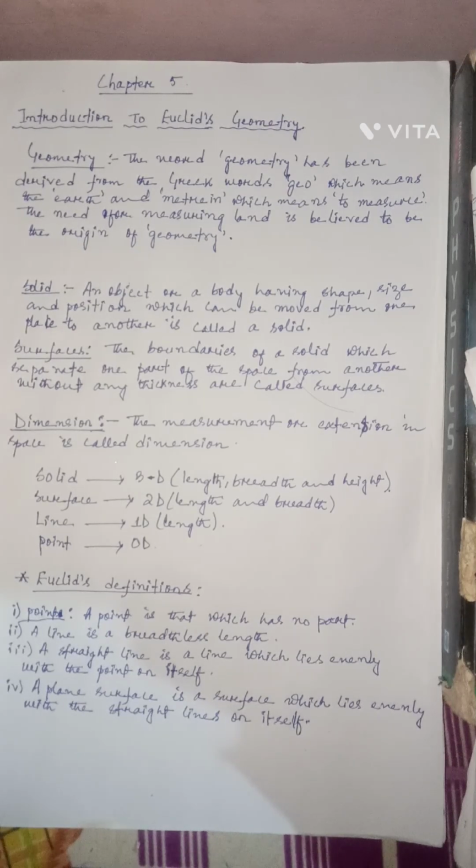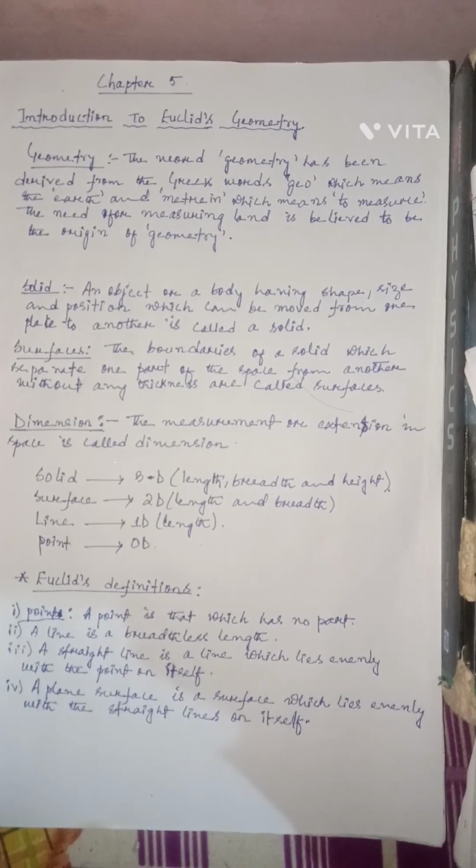In order to understand this, first we need to understand geometry. If it talks about geometry, then what does it mean by this? That's the first thing we need to learn. As you can see from here, geometry is in two words.